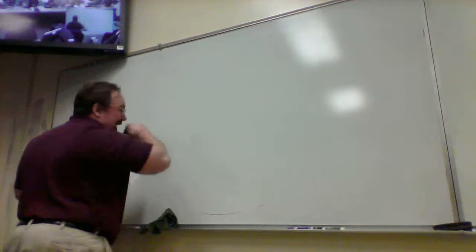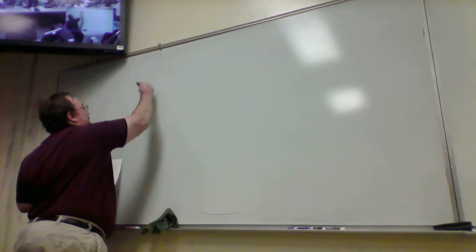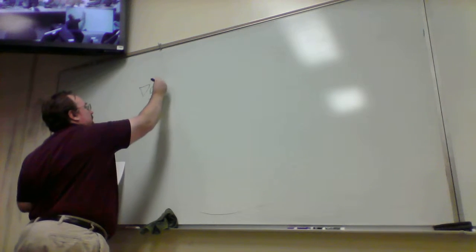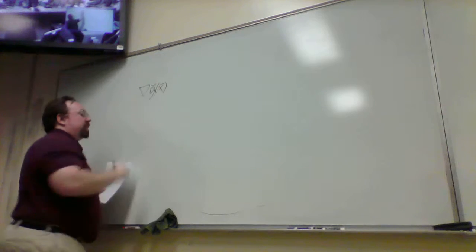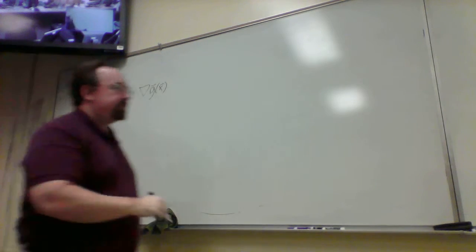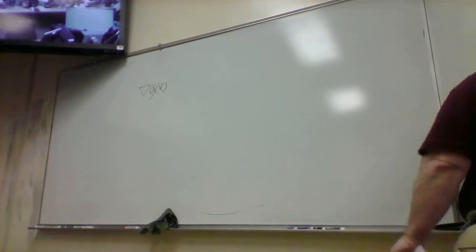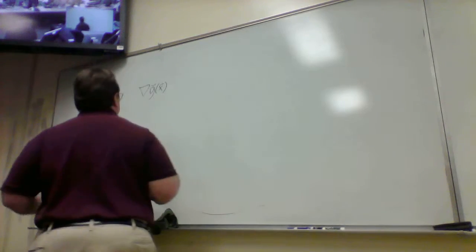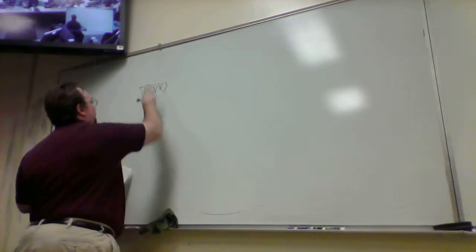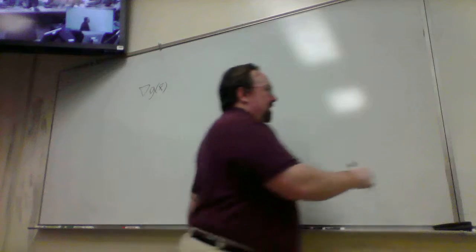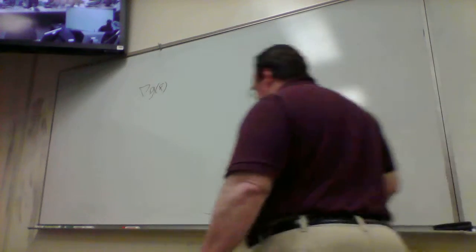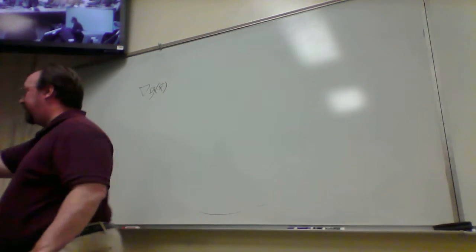Okay, so what I need is the gradient of a function g of x. Actually, this is a vector valued function... Oh, no it's not. What am I doing? No, because this value is a number.